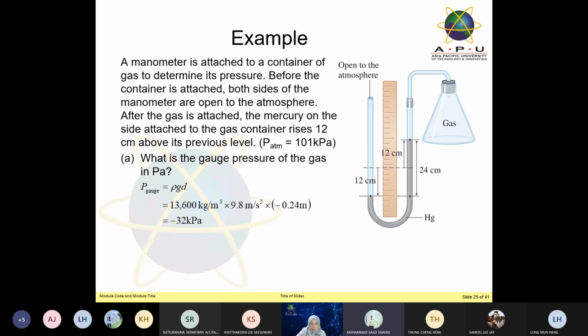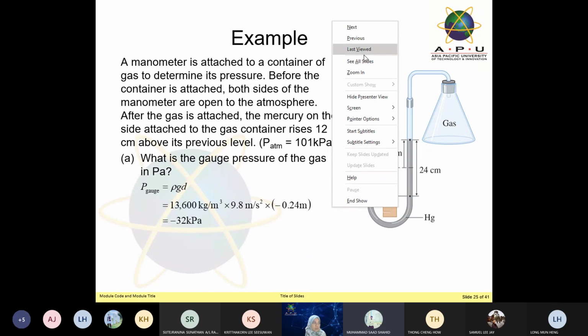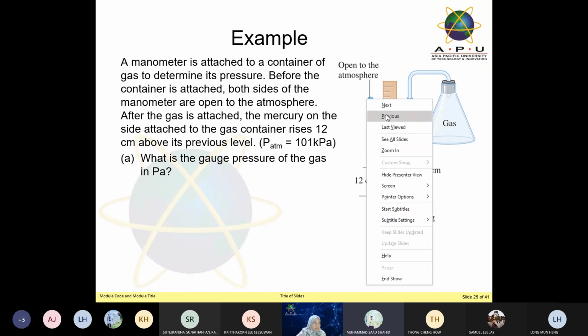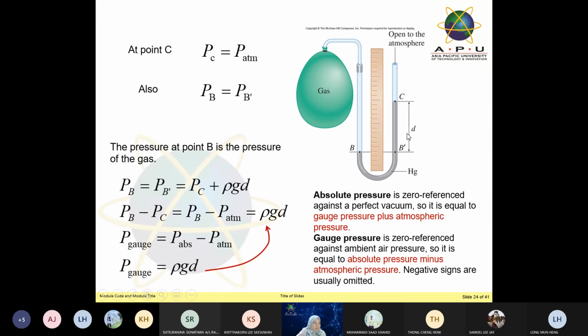Ma'am, why is it negative 0.24? Oh, in the previous slide. Negative signs are usually omitted.